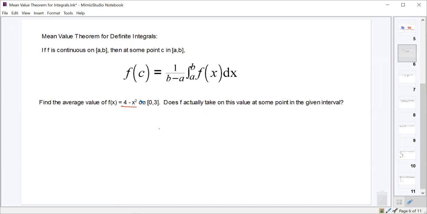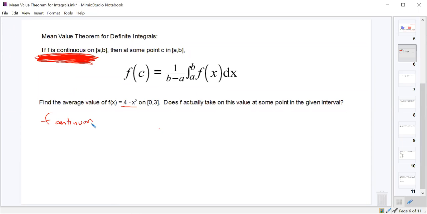So what do you think we should do first? Find out if f is continuous or not. Yeah, is f continuous on our interval?